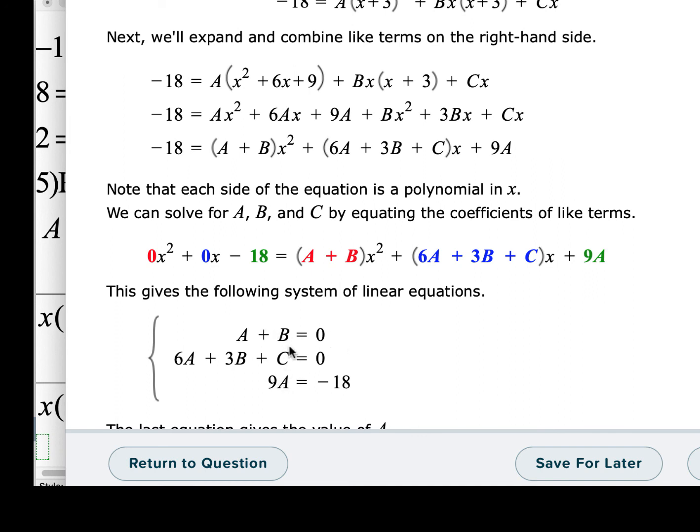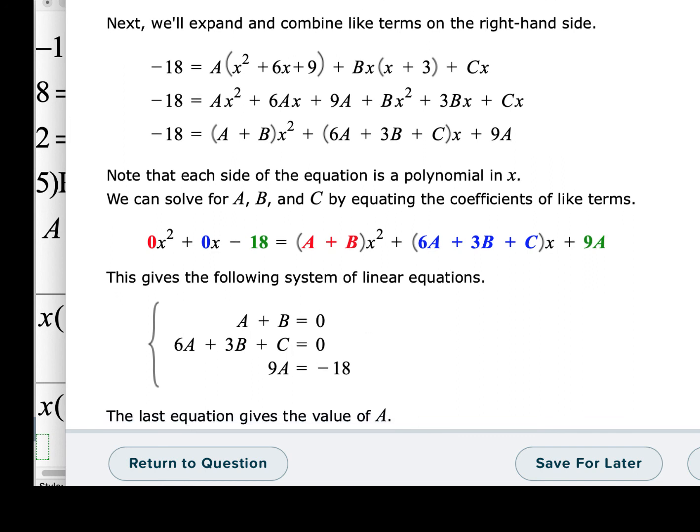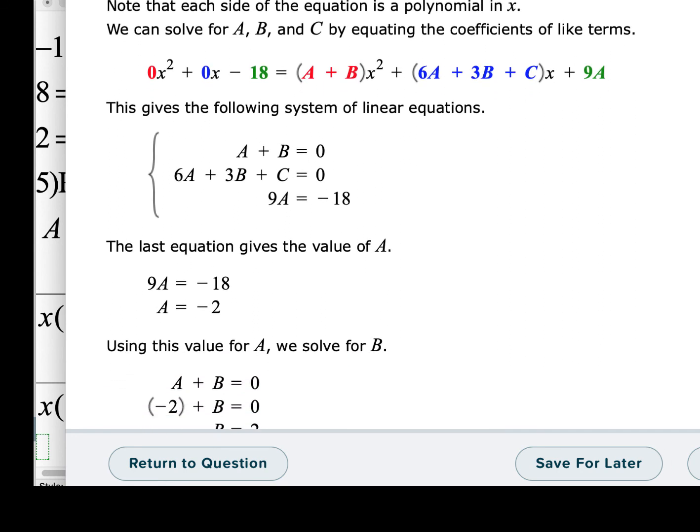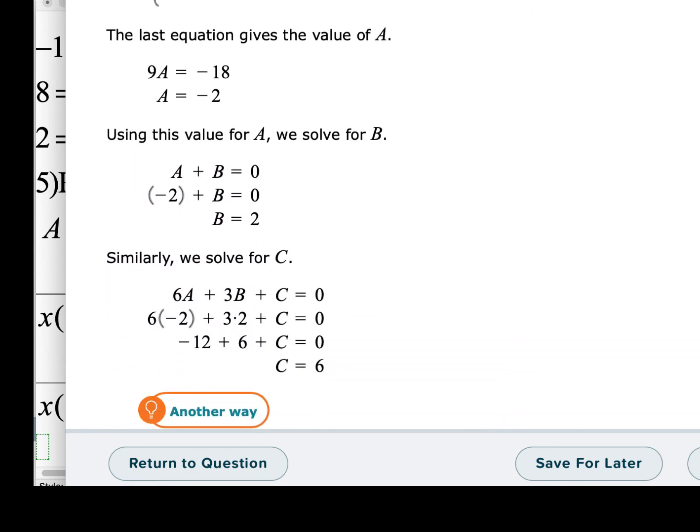And then once you know a and b, you can use that third equation to find c. And so you do get the same answers that we got before. All right, so that is another way to do the same problem.